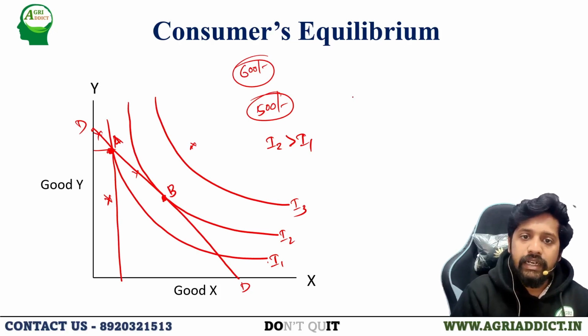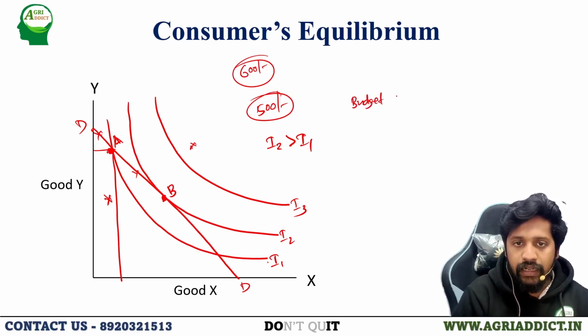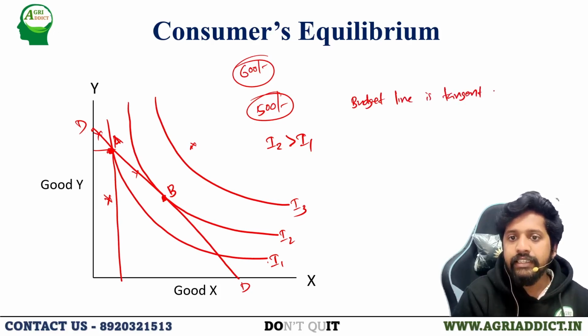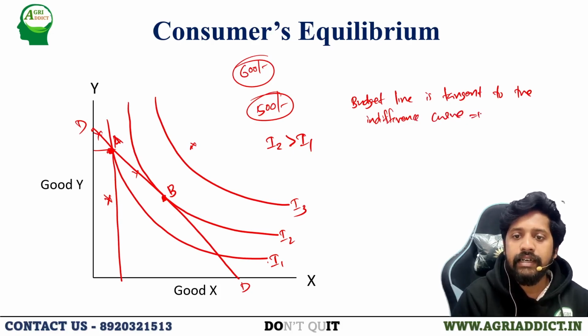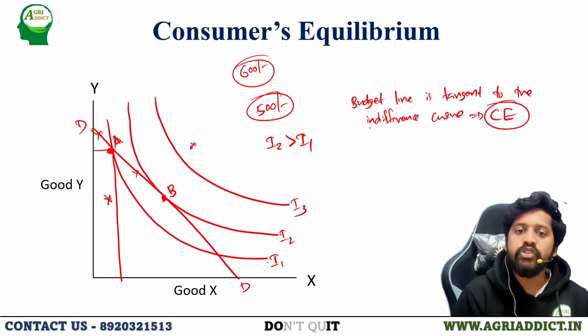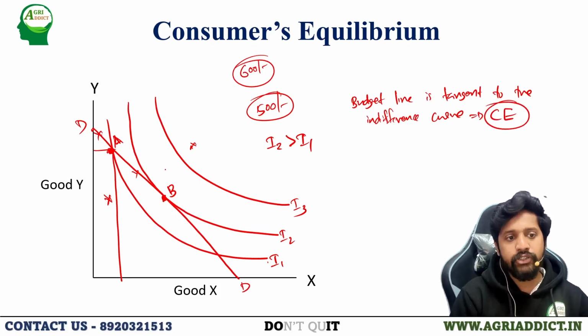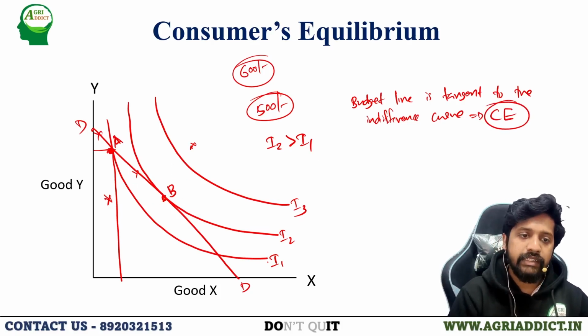So when the budget line is tangent to the indifference curve, that can be considered as the consumer equilibrium.